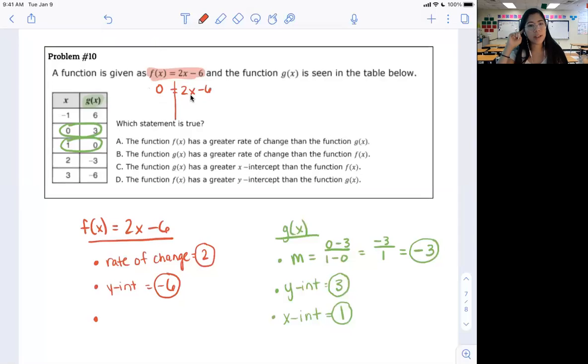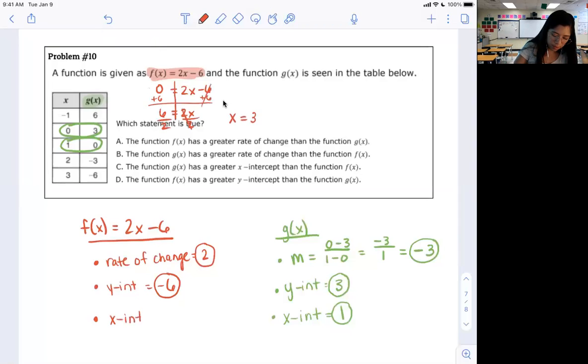So to get x by itself, what do I do to both sides? +6, good. 6 equals 2x. Now, divide by 2. So x would be 3. So my x-intercept is 3. Now I can compare. Now I have all the information I need.